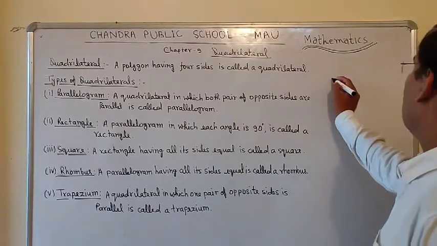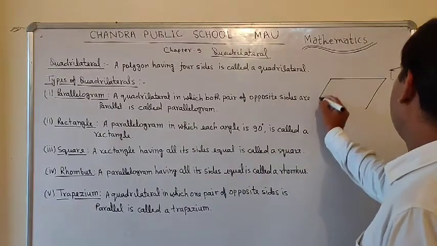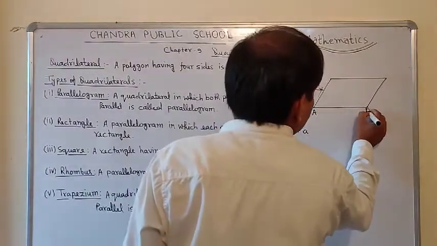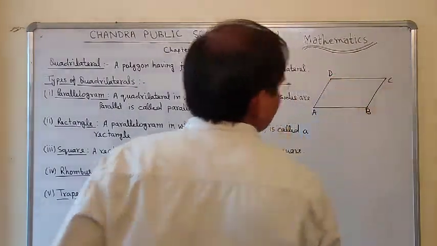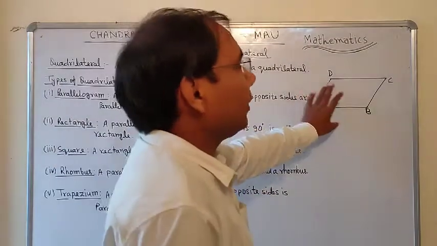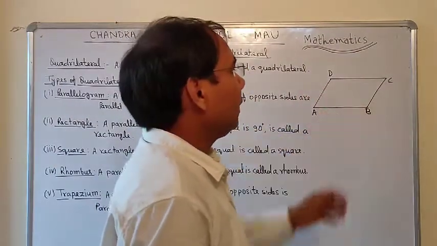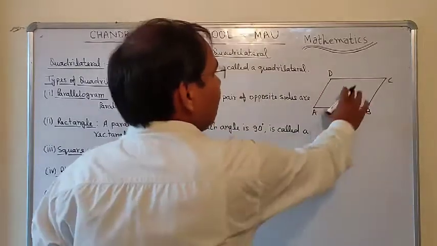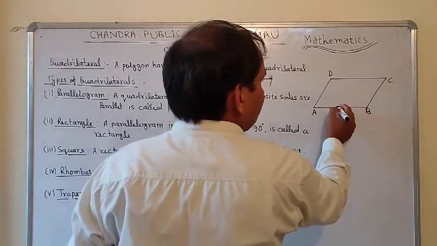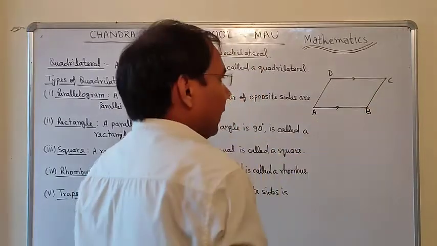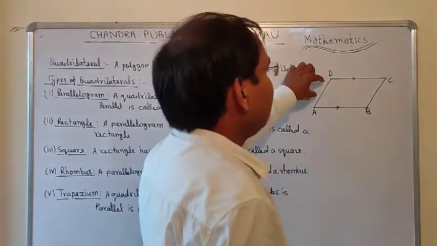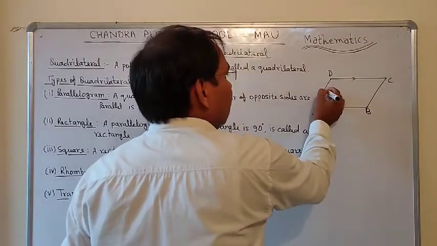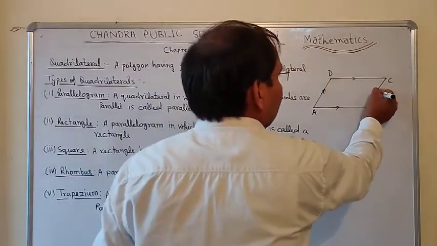If I draw a quadrilateral ABCD, it has 4 sides, so it is a quadrilateral. Now what is the important property in this quadrilateral? Here AB and CD are the opposite sides, and AB and CD are parallel. In the same way AD and BC are the other pair of opposite sides, and AD and BC are parallel to each other.